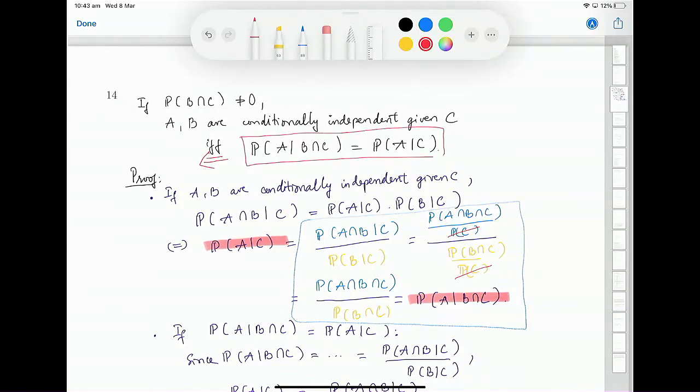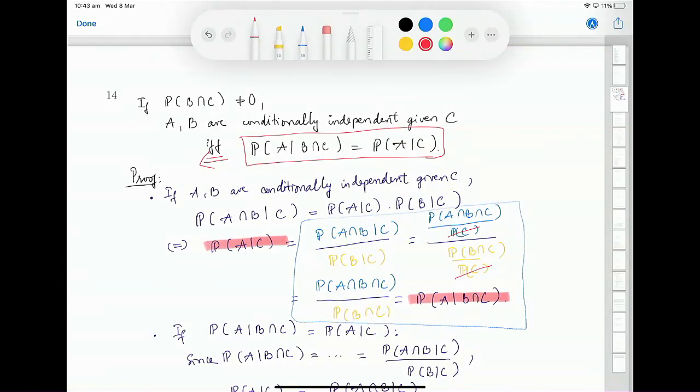When we have this equality, can we prove that A and B are conditionally independent given C? How can we prove that?